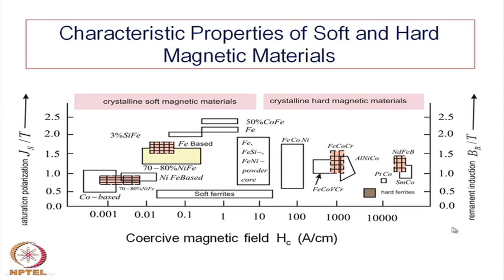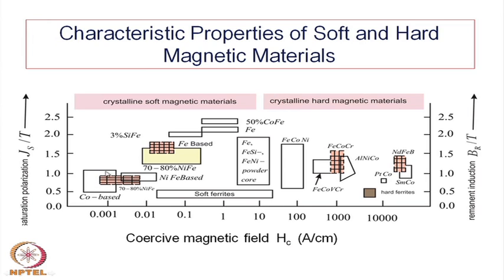On the right you have remanent magnetization, remanent induction. So, three different parameters have been determined from the hysteresis curve, and for different groups of material, they have been plotted here.